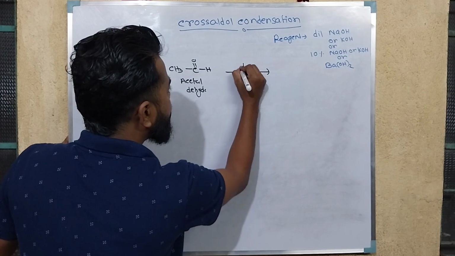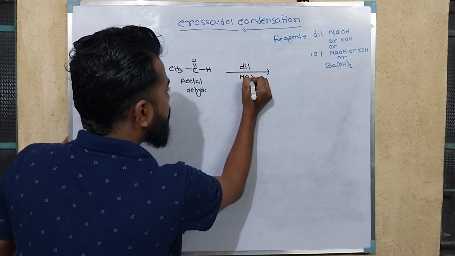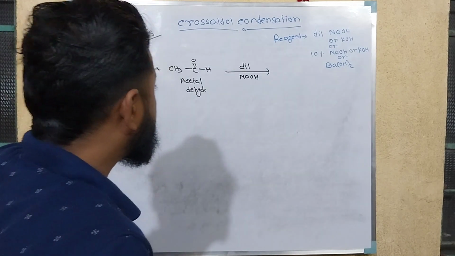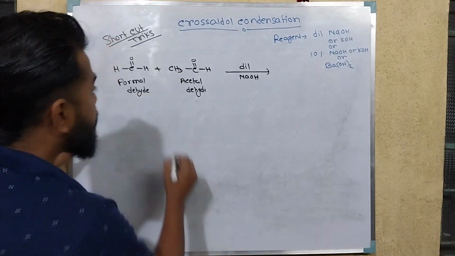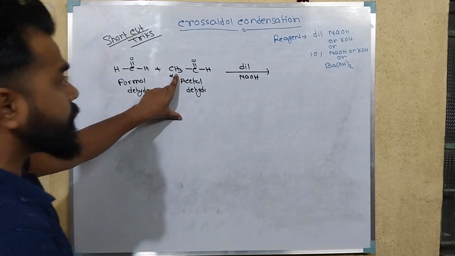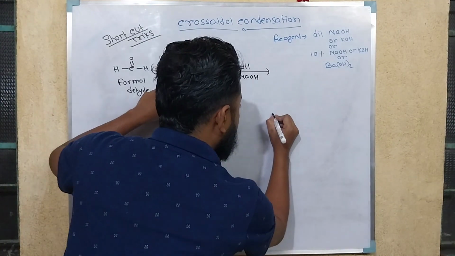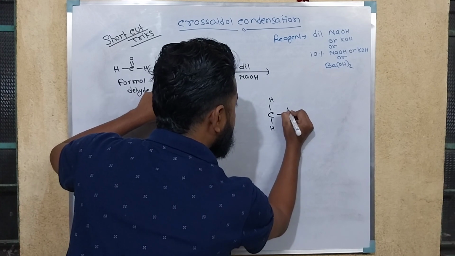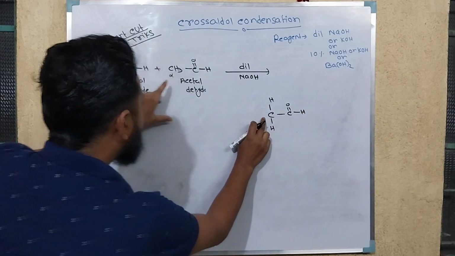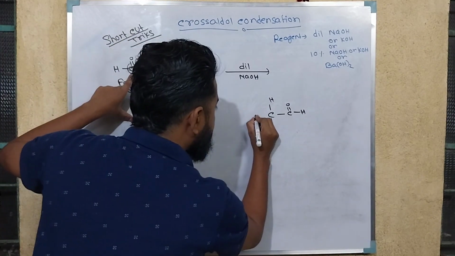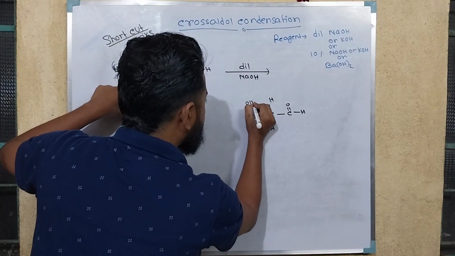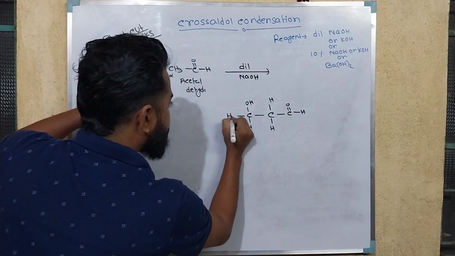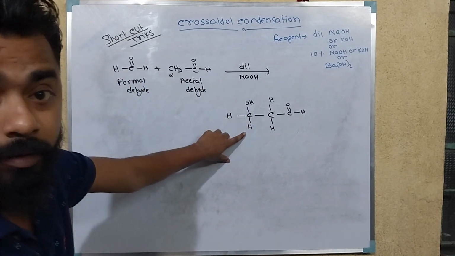If the reagent is dilute NaOH, how we write the product? This aldehyde does not contain any alpha hydrogen, but this aldehyde contains 3 alpha hydrogen. So at first we write one alpha hydrogen less this aldehyde. This carbon attached with this carbon. So one H, other H. This is the cross aldol product.